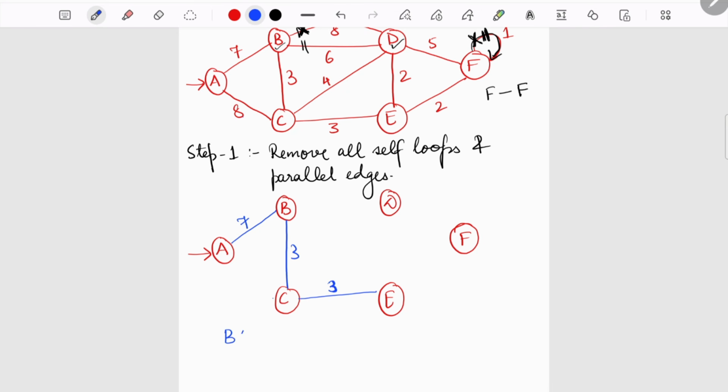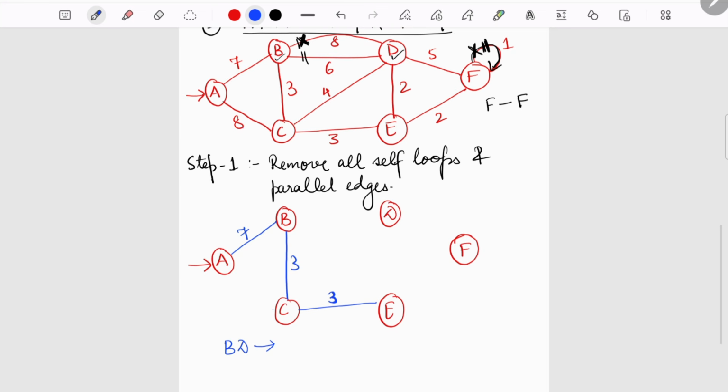After this, I can either select BD because I haven't reached D yet, with edge weight 6, or I have CD with edge weight 4. CE we have already used. Now I can have either ED with edge weight 2, or I can select EF with edge weight 2.